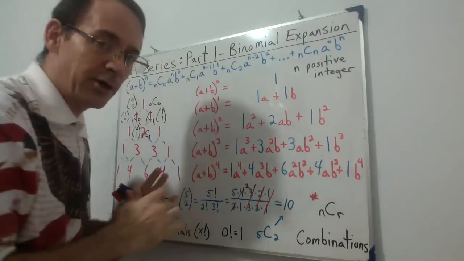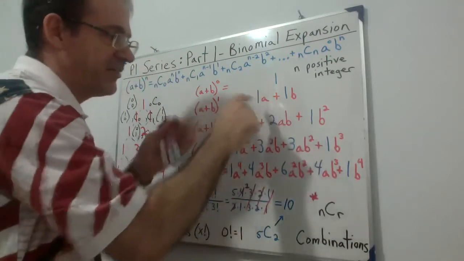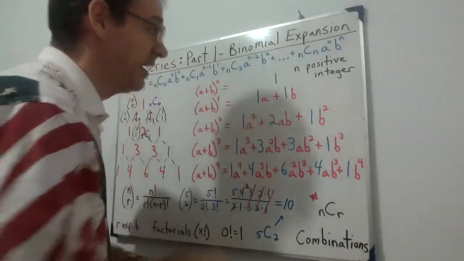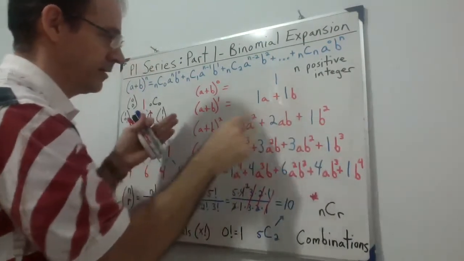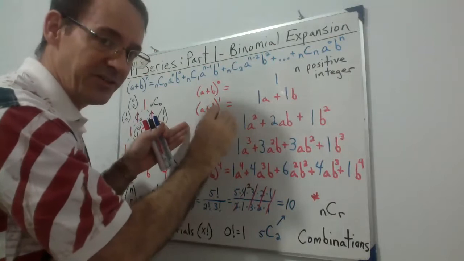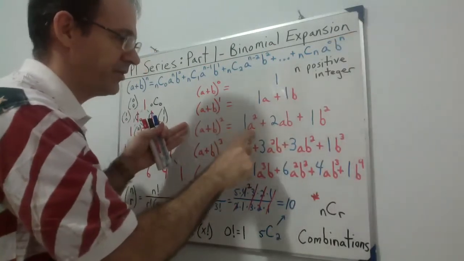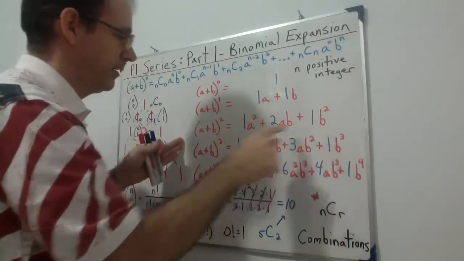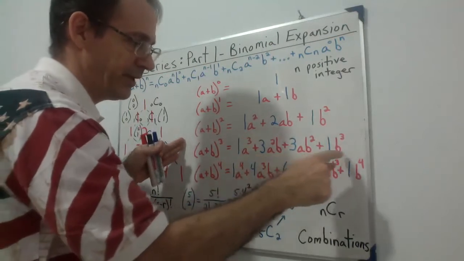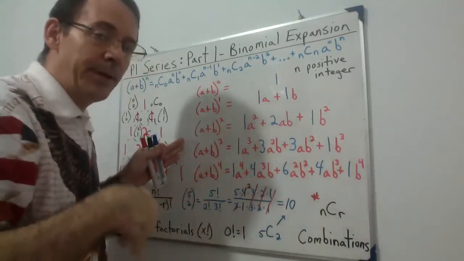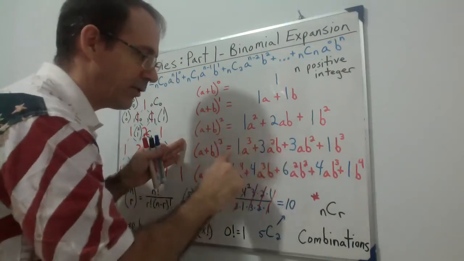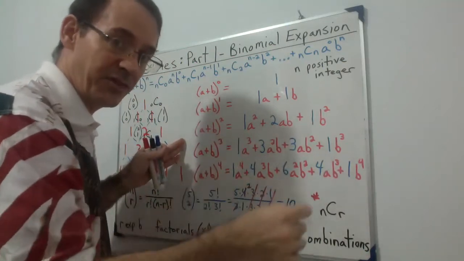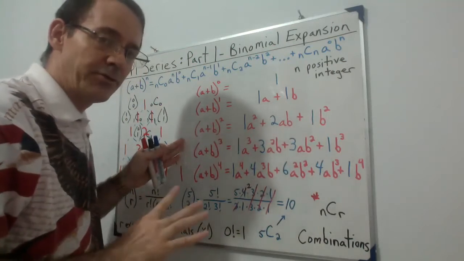The b term goes the opposite. It starts at 0 and goes up by 1. So here's b to the 0, b to the 0, b to the 1. b always starts at 0 and goes up. So b0, b1, b2. b0, b1, b2, b3. So again, pay attention to the exponent on your b term. Don't look at, oh, it's the 3rd term in or the 5th term in. Don't think of it that way.